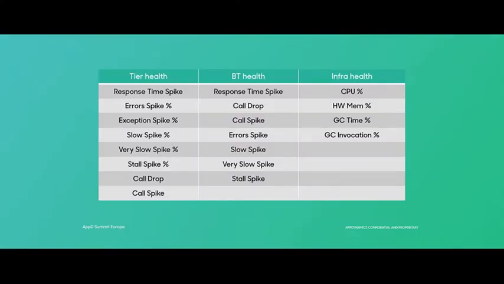What you can also do, in the left and the right column, is tier level health rules. On one side, we have more the application side of a tier, and on the other hand, we have more the infrastructure side of a tier. When you have for each tier its own health rule, you have, again, very specific and distinct alerts to send around.